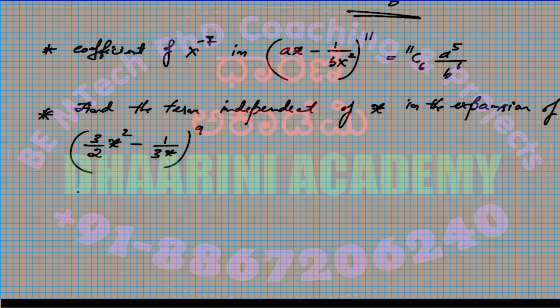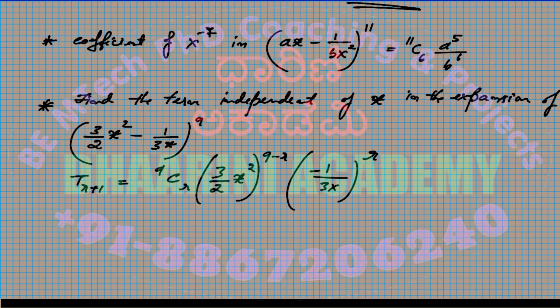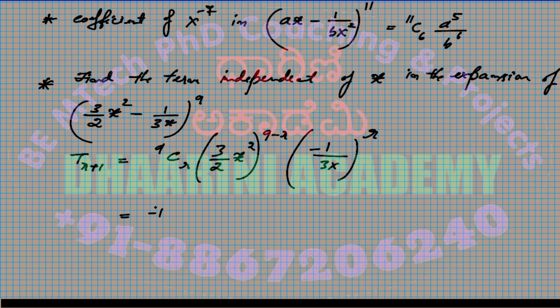Okay, so first let's try to write the tr plus 1. So tr plus 1 is, in this case, 9cr into the first term, that is 3 by 2 into x to the power 2 raised to the power 9 minus r into minus 1 divided by 3x raised to the power r. So this is equal to minus 1 to the power r into 9cr.